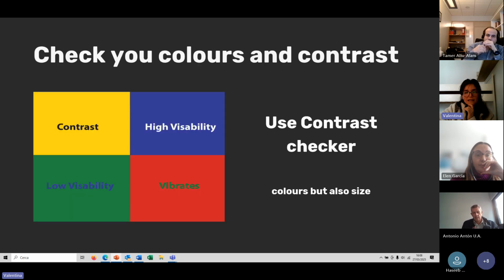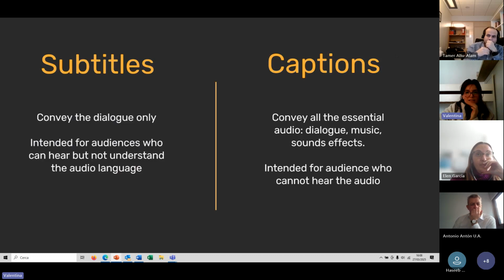One of them is color and contrast. For visuals, there are a lot of software tools and online services, like a contrast checker, to check the colors, but also the size of your content. So you can use different things. And then of course, for those working with video, it is very important to use subtitles, but also captions.